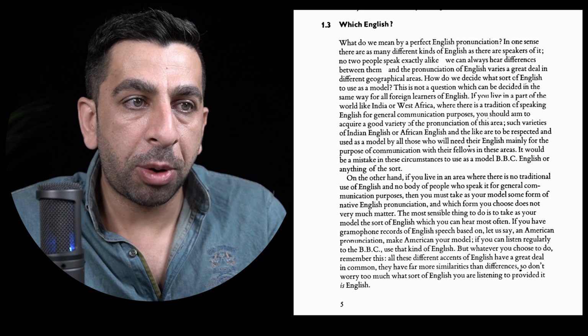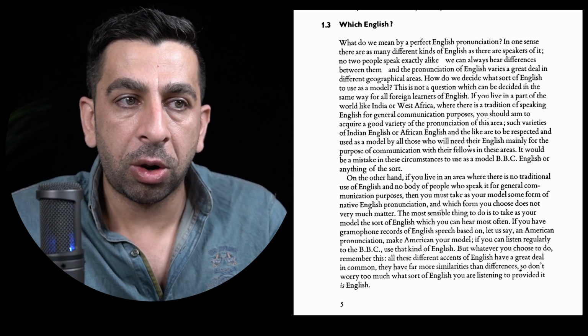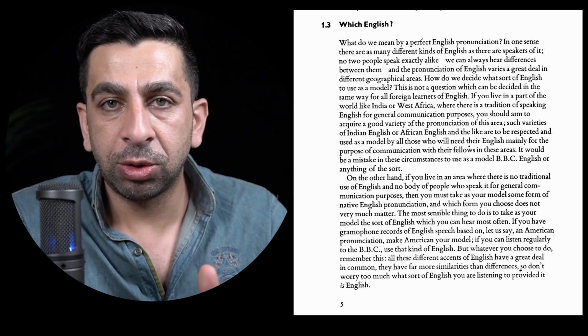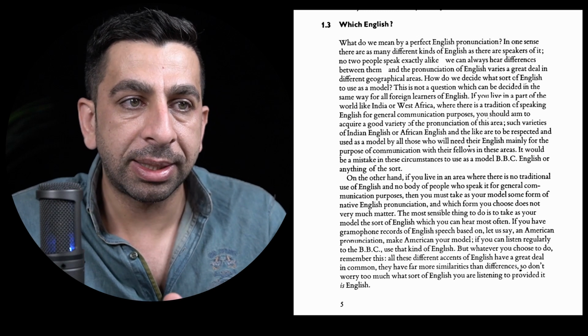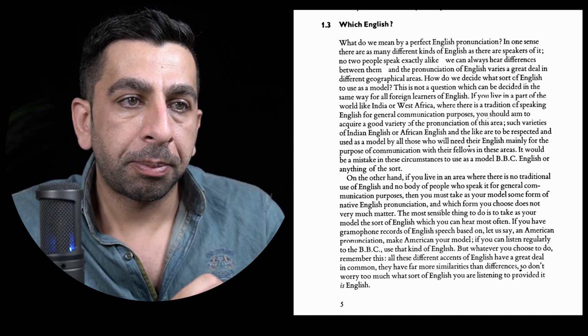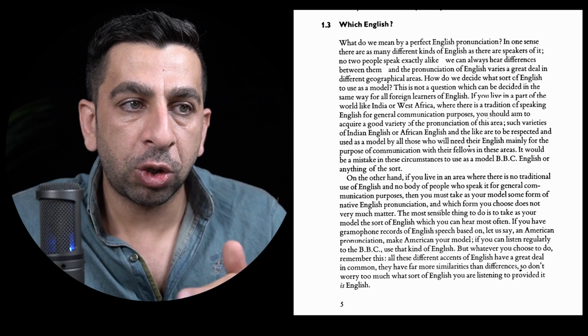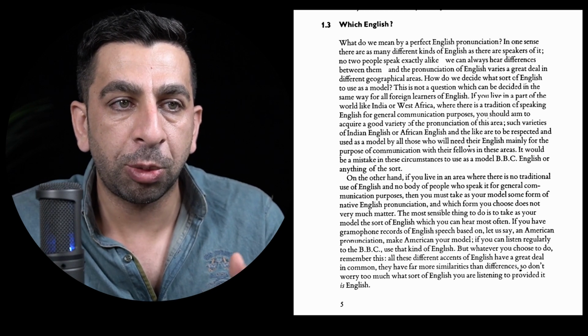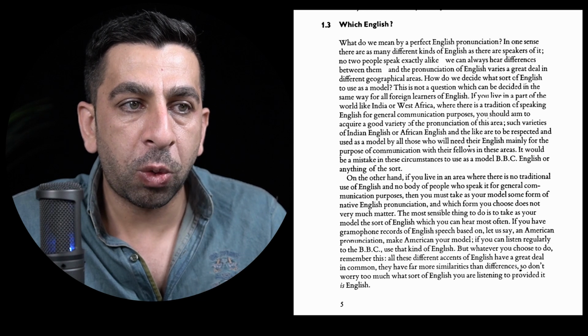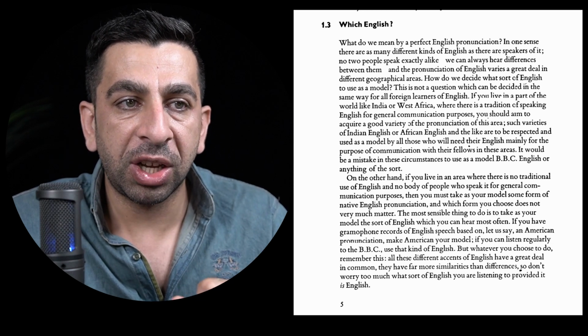If you live in a part of the world like India or West Africa, where there is a tradition of speaking English for general communication purposes, you should aim to acquire a good variety of pronunciation of this area.